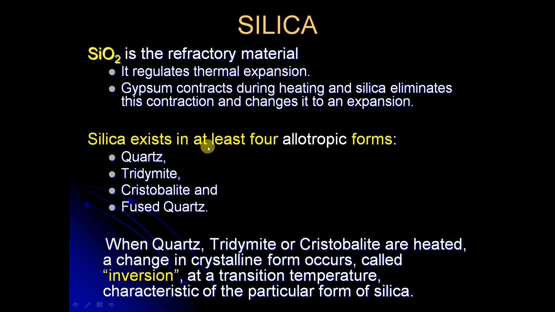Silica exists in at least four allotropic forms: quartz, tridymite, cristobalite and fused quartz. When quartz, tridymite and cristobalite are heated, a change in the crystalline form occurs, called inversion, at a transition temperature characteristic of the particular form of silica. Very important point.